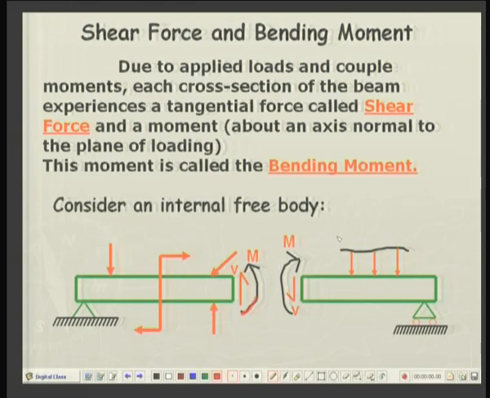This is a moment, and an equal and opposite moment on the right hand section and a tangential force. This was on the left hand section; if it is vertically up, on the right hand section it will be vertically down. So, by Newton's third law, actions and reactions are equal and opposite.